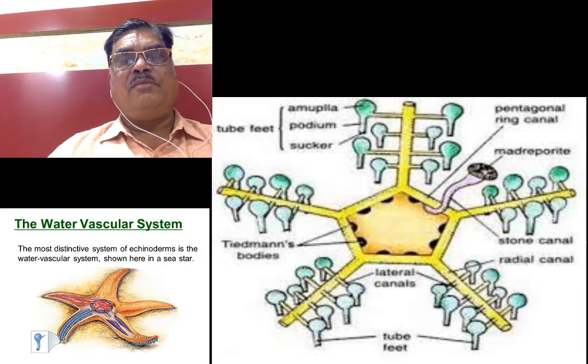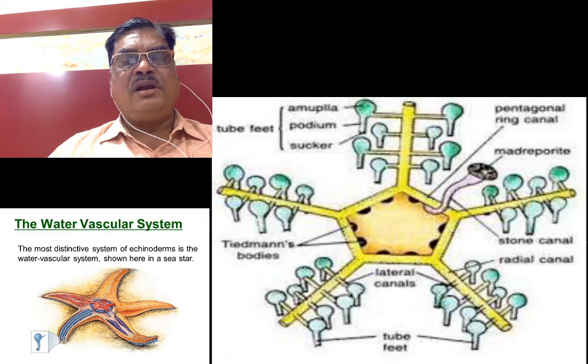Water comes from the madreporite into the stone canal, from the stone canal into the ring canal, and from the ring canal it goes into the radial canal. Lateral to the radial canal, there are smaller and larger lateral canals. And the lateral canal opens into membranous tube feet. A tube foot is an elongated structure having a sucker, podium, and ampulla.